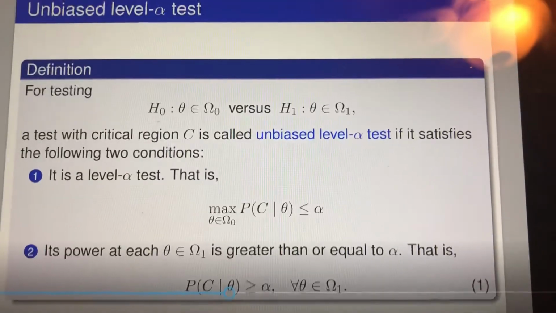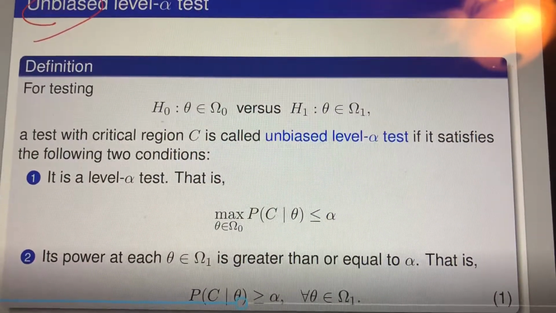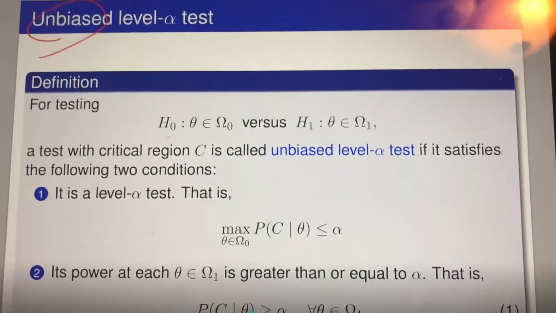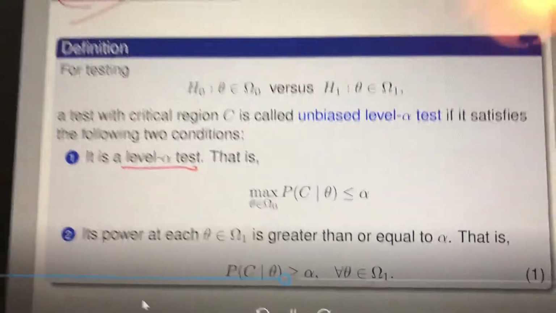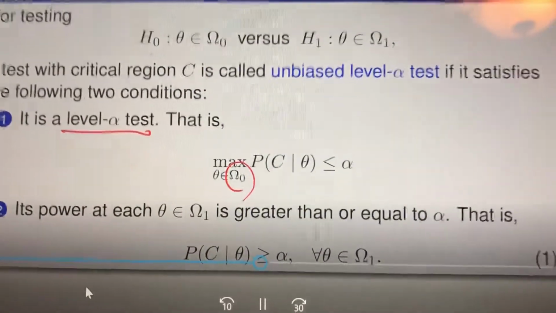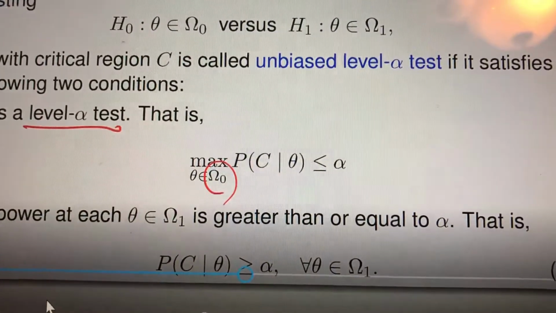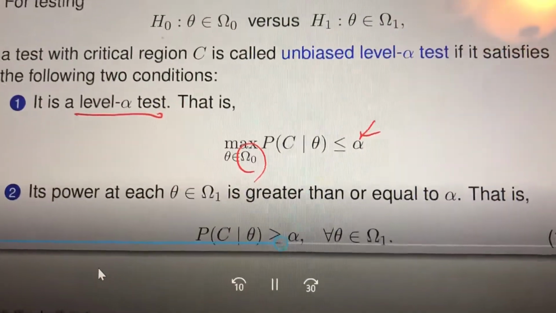This is the definition of unbiasedness. What do we mean by unbiased? First, it should be a level alpha test, which means that under the null hypothesis, its size is less than or equal to the significance level alpha. That is the usual thing.